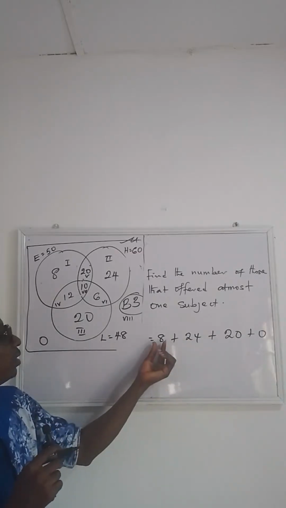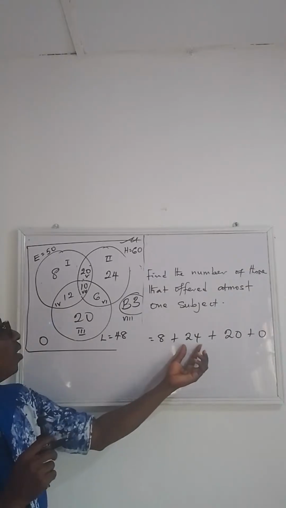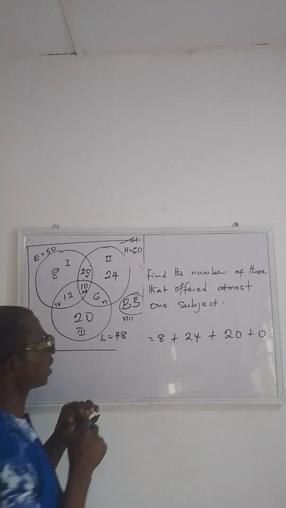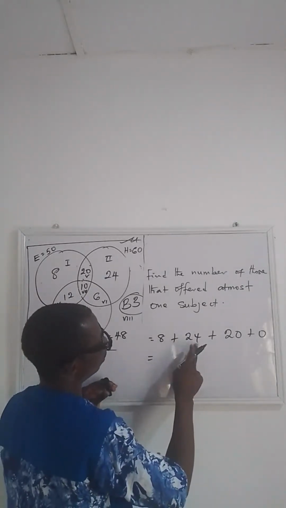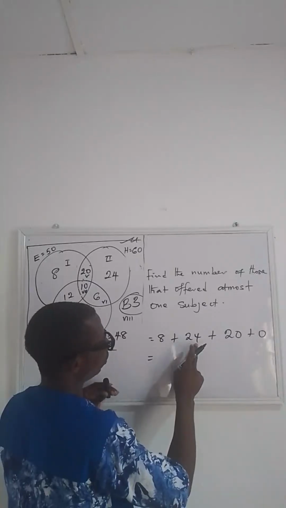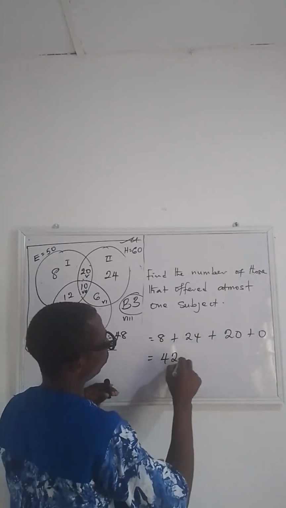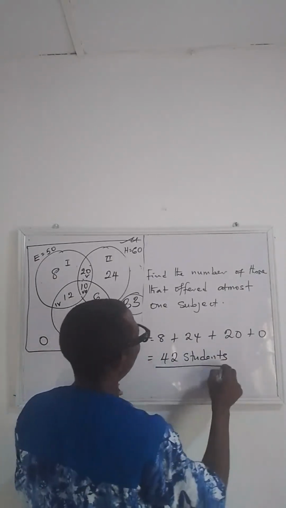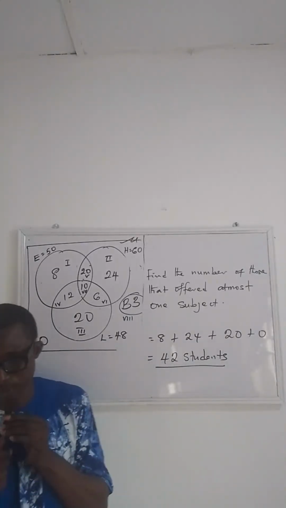This is the number of those that offered only economics, only history, only literature. So let's add everything together. When you add this and this together, you have 32. So 32 plus 20, that is 42 students. 42 students offered at most one subject.